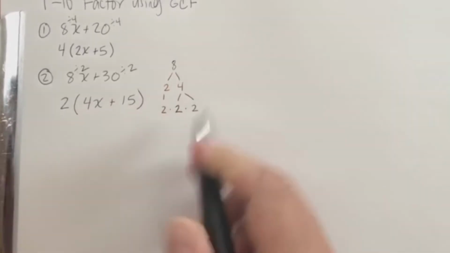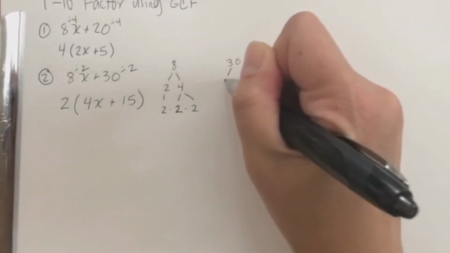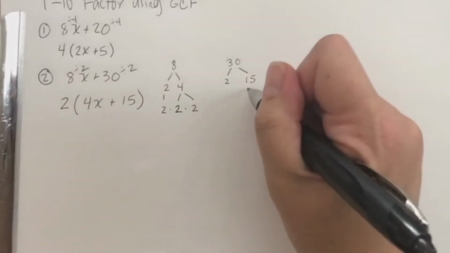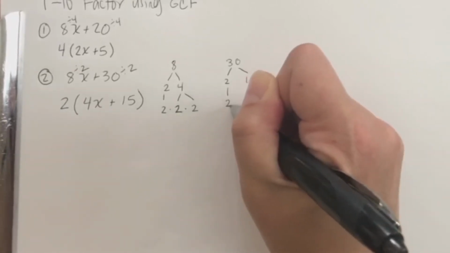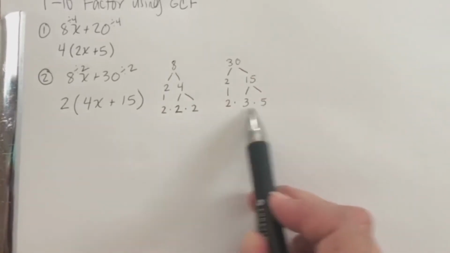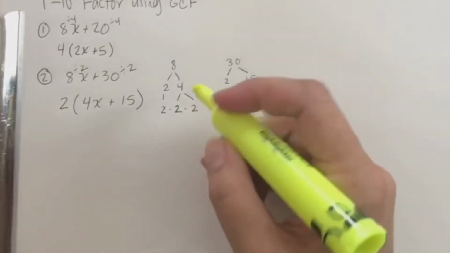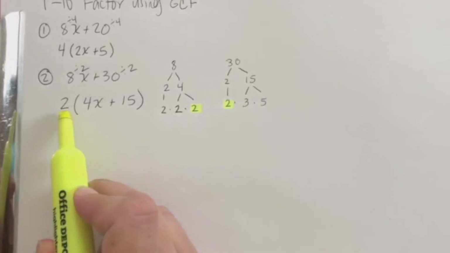So 2 times 2 times 2, and then 30, 2 times 15, and then 15 is 3 times 5. So 30 is 2 times 3 times 5. The only thing they have in common is 1, 2. So that's what we pulled out.